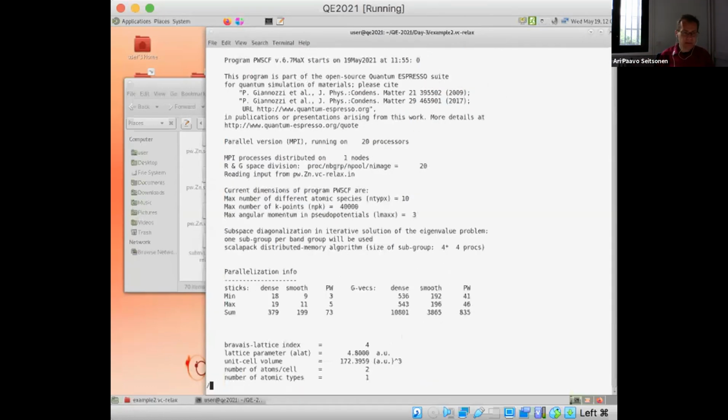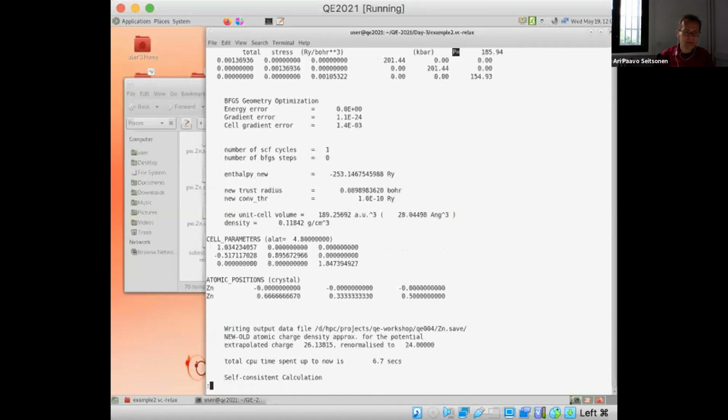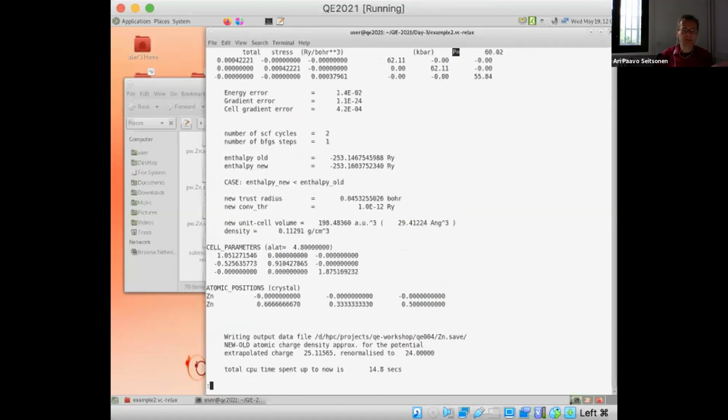And now I search for this. So after the second step, now we had 60 kilobar. So that's again the average of the diagonal. So it has reduced. And again, we have new values for the lattice vectors here and the new atomic positions.